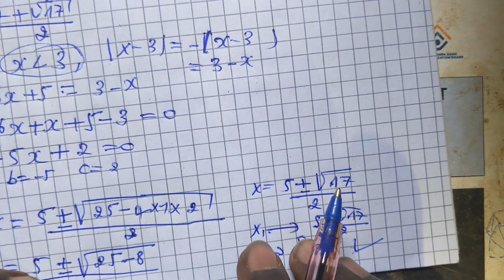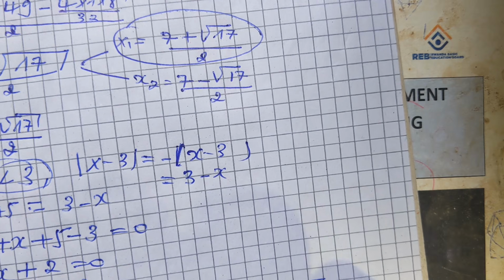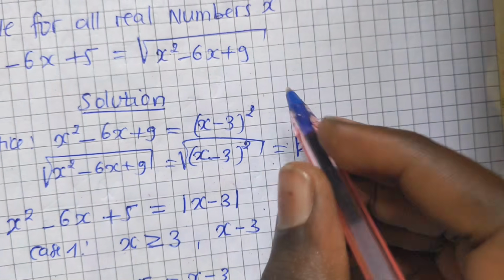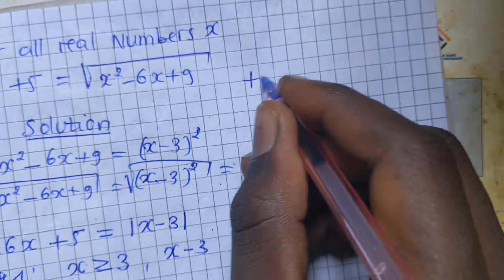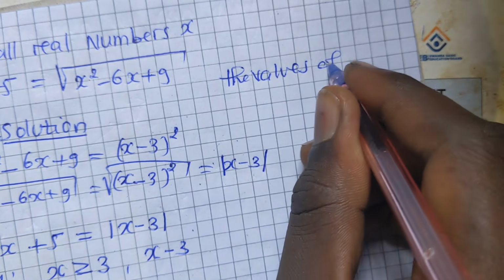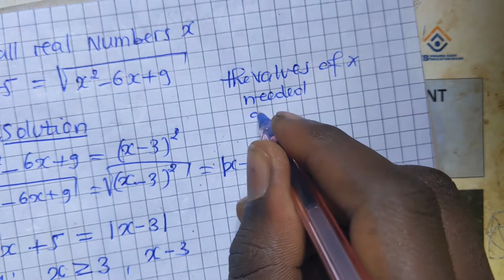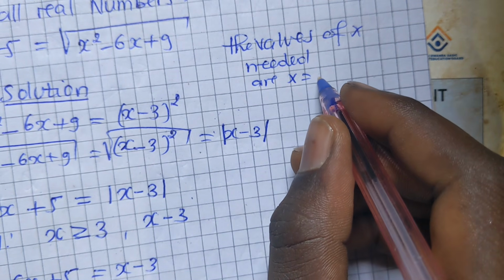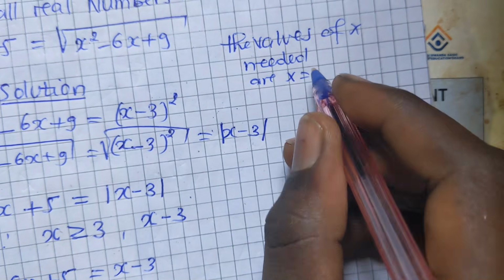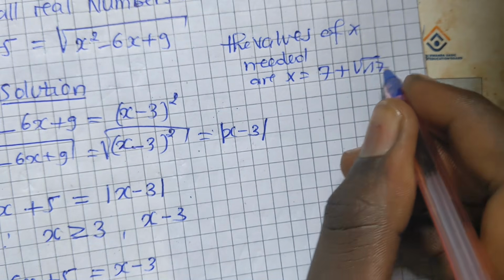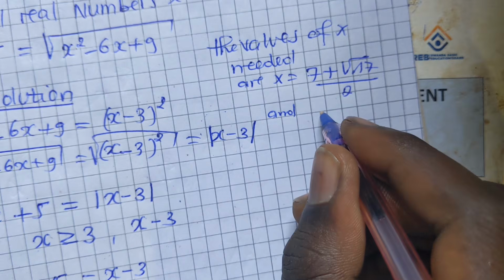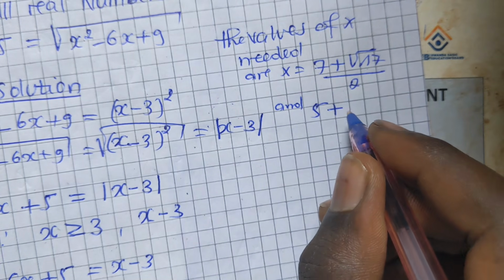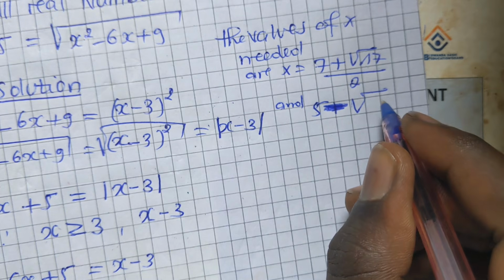So the values of x they want from the starting question, the values of x needed, are: one, x equal to 7 plus the square root of 17 over 2, and 5, yes, and 5 minus the square root of 17 over 2.